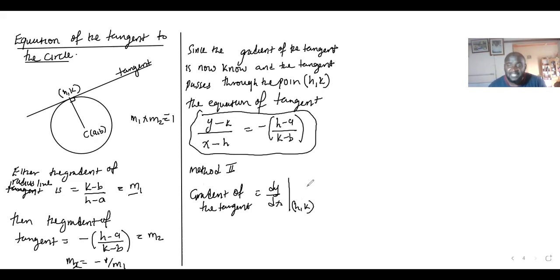That's why I was saying that if I want to find the gradient of the tangent at this point, let me call this point A. I get the derivative function of the circle, then I substitute that point (h, k). When I substitute that point, the value I get is the gradient of the line, the tangent.